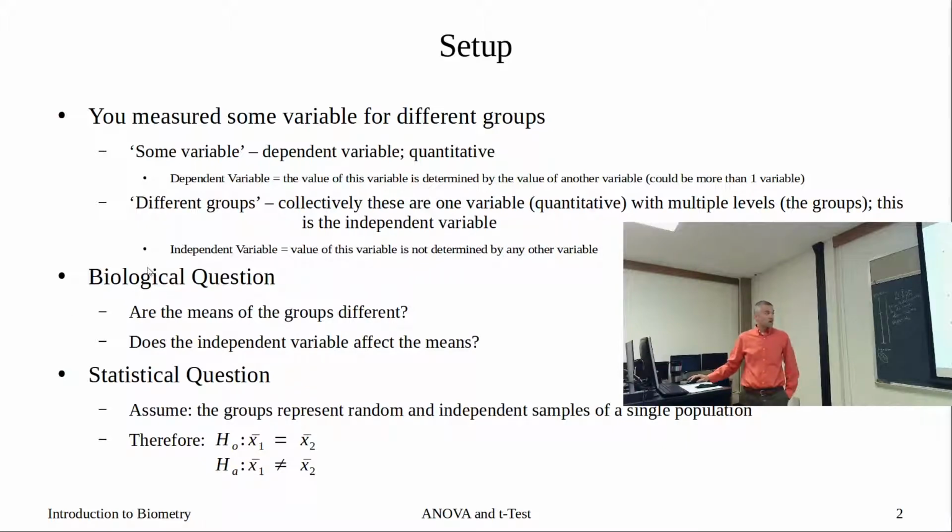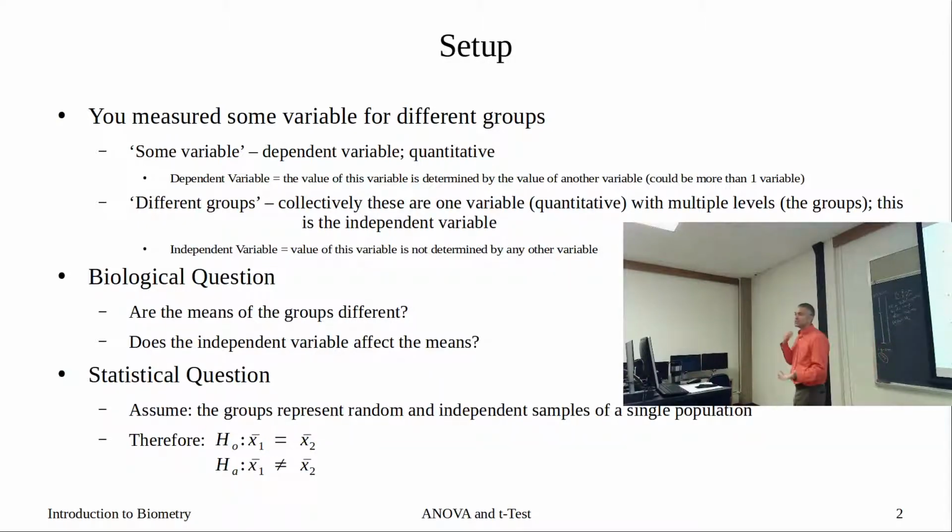The biological question that we're often interested in is whether this measurement variable differs between our groups. We can phrase that in any way we want, but the main gist is: does that measurement variable differ between our groups? Another way to phrase it is, does our independent variable affect the means?